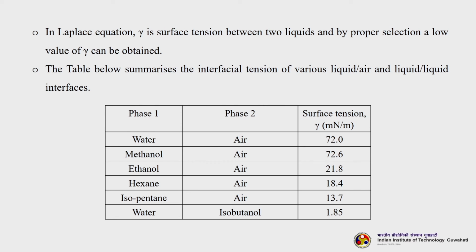So, this table gives the surface tension values for different types of liquids. We can go for water and air, methanol and air, ethanol and air, hexane and air, isopentane and air, and water and isobutanol for the liquid displacement method. Both are liquids, and you can see the surface tension is very low, the lowest being 1.85.